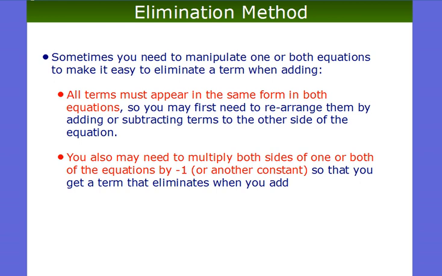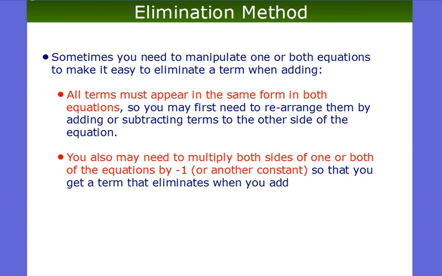With these examples, sometimes, like we said, we're going to have to do multiplication or reordering to make sure that the terms can be eliminated. So sometimes we're going to have to manipulate the equations to make it easy to eliminate.